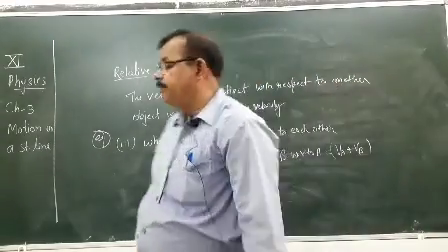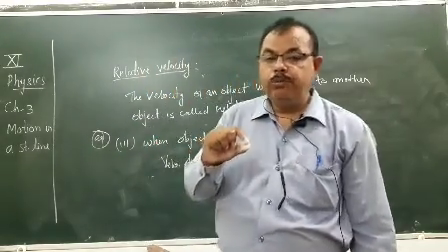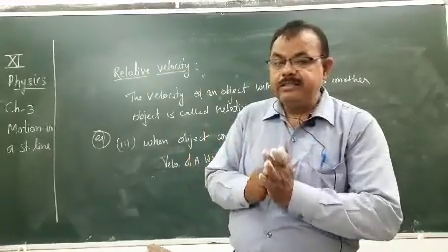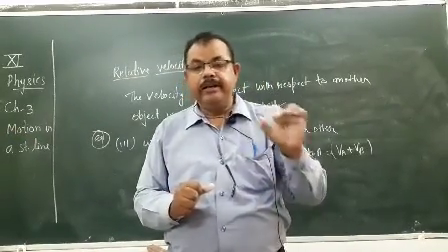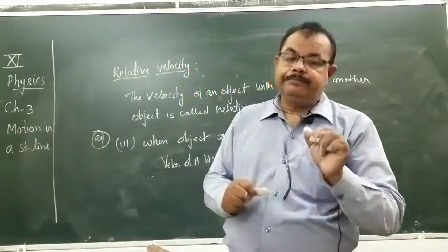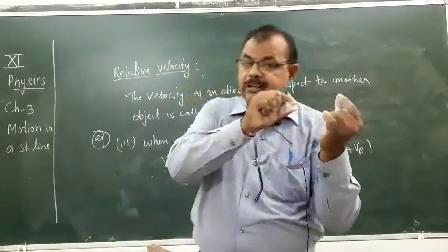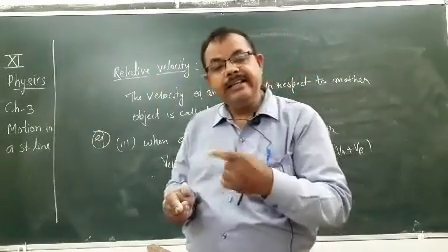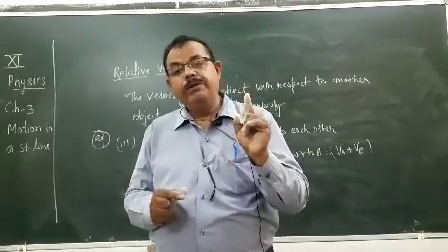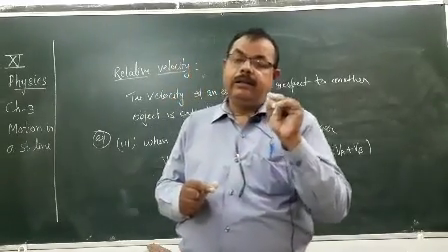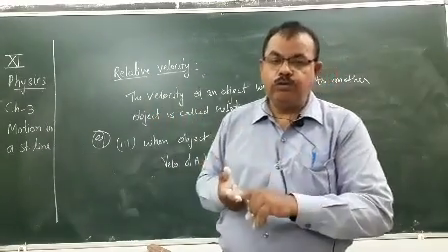So, here I have described three cases for relative velocity. First of all, relative velocity means the velocity of one object with respect to another object. When two objects are moving in the same direction, the relative velocity will be VA minus VB, the difference of the two velocities.